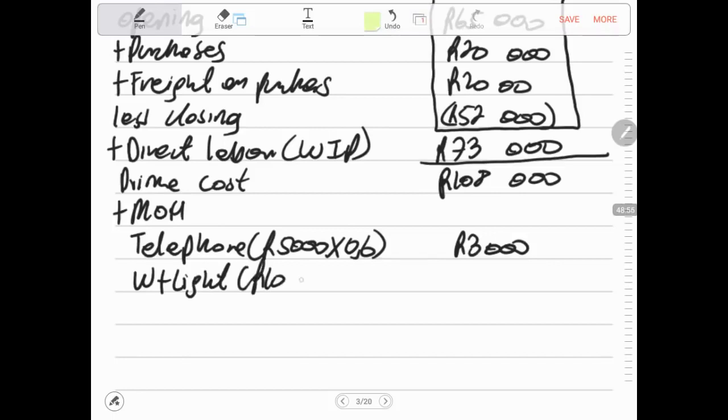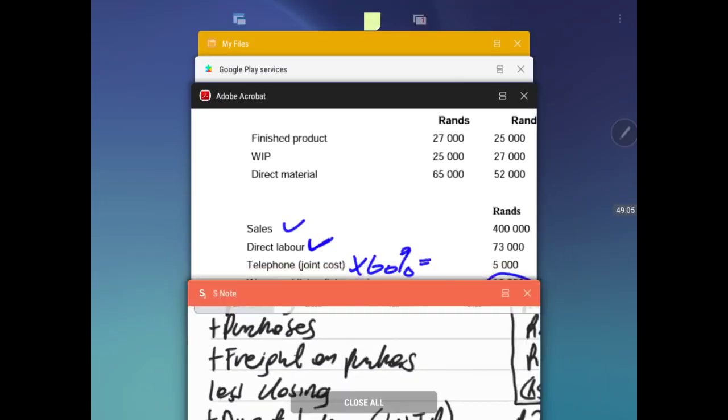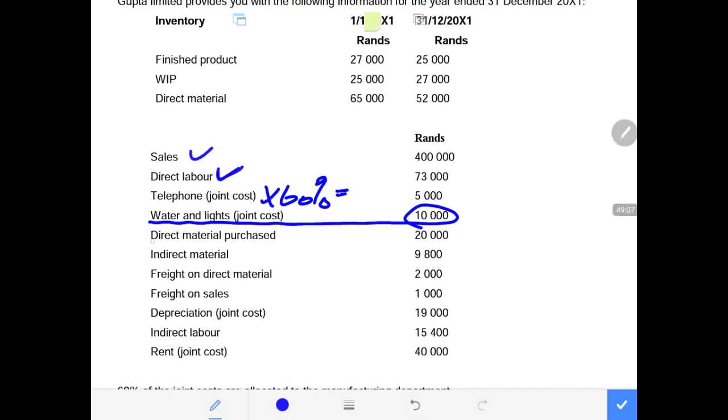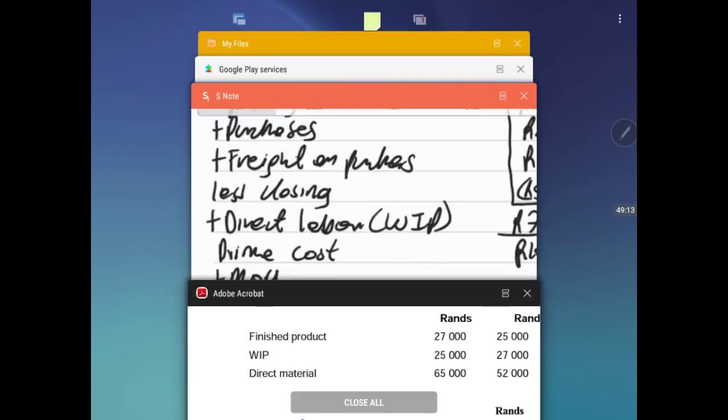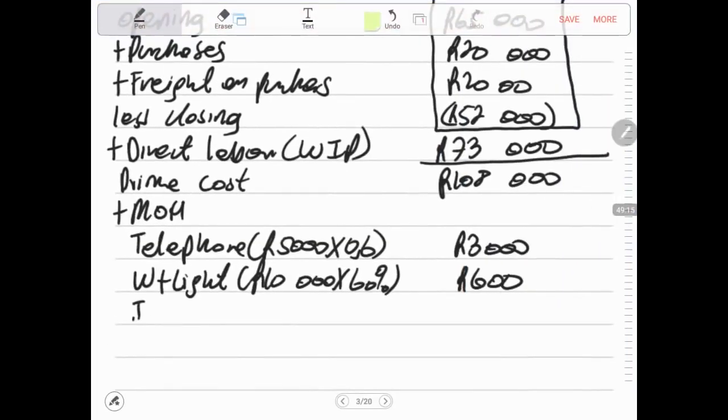Water plus light, 10,000 is the full amount, and 60% of this will be 6,000, and I only want to calculate the manufacturing related cost. Direct, this is not, this is indirect 9,800, indirect material.